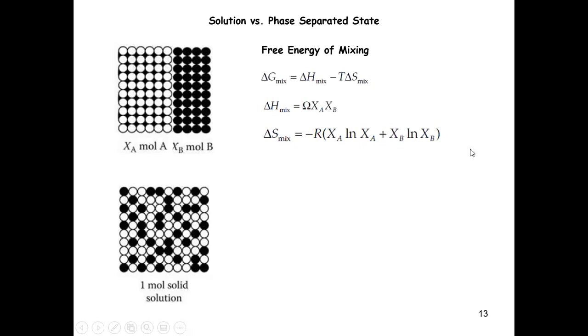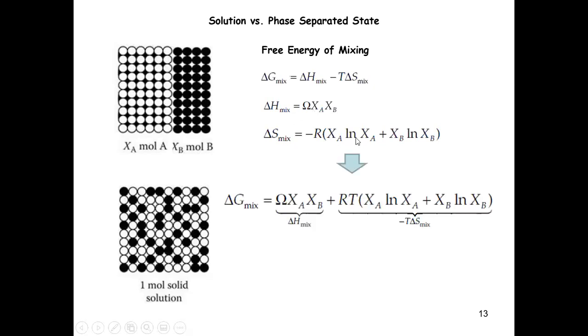So we plug these all together, and we get the free energy of mixing. This now can turn into two terms, and this last term is very familiar. This comes from the contribution of entropy, and this new term, which we just derived in this class, comes from the interaction energy difference. So it's the contribution from the enthalpy.